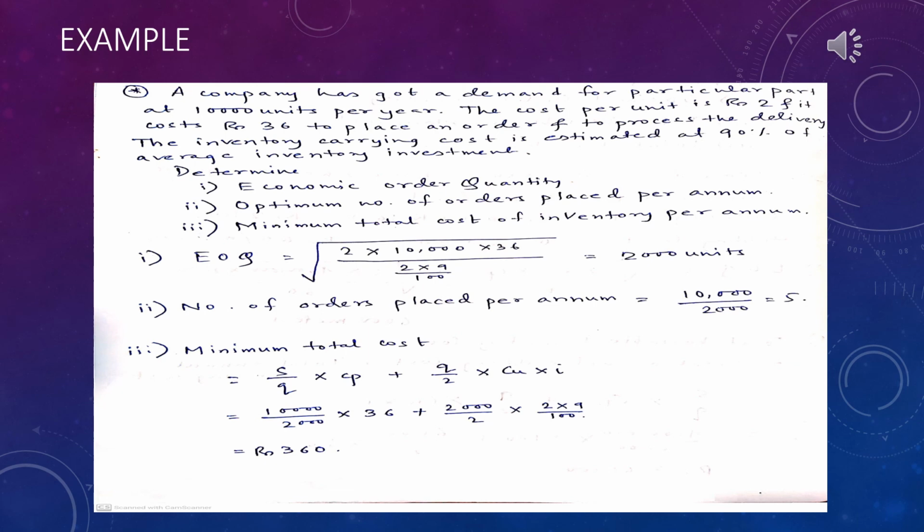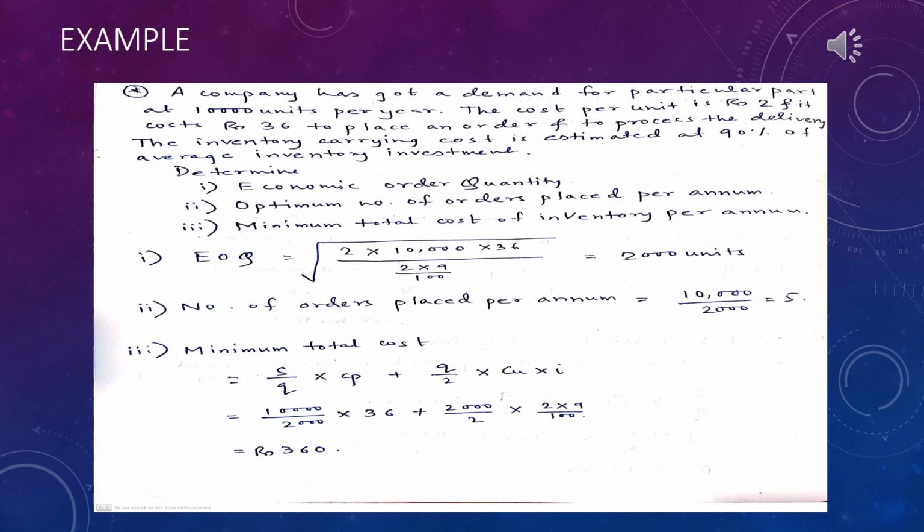So 2 into 9 by 100, or should I say, I'm really sorry about one thing. Most probably we have to change this. I'm really sorry to say, most probably that will not be 90%. A 0 has been added over there, a fault on my part. Just check it and convert that into 9%. So if we take it back to 9%, 2 into 9 by 100, that should be our CU into I.